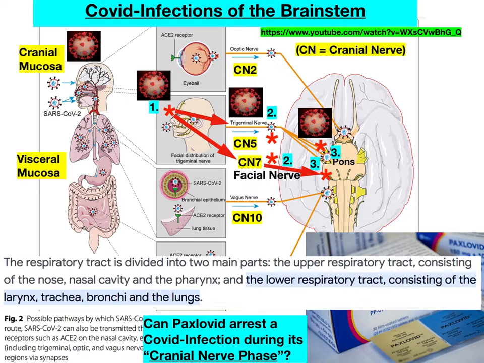Looking at this overall diagram and thinking about the kinetics and kinematics, the movement of COVID virions from mucosal tissues into the brainstem via cranial nerves. How fast does this occur?